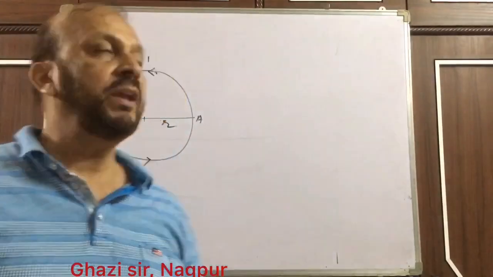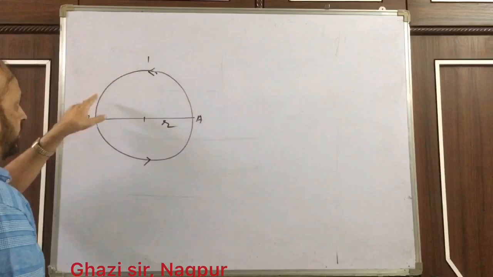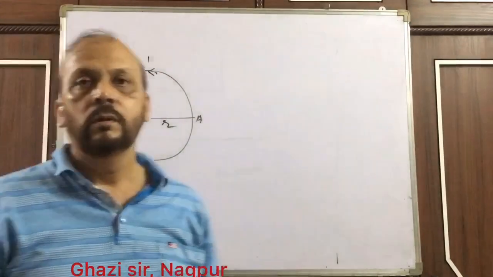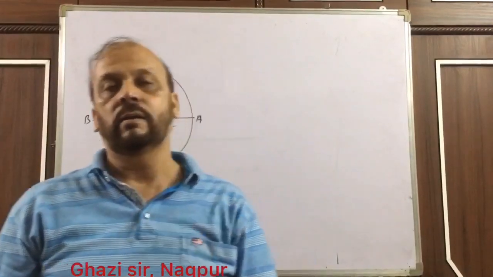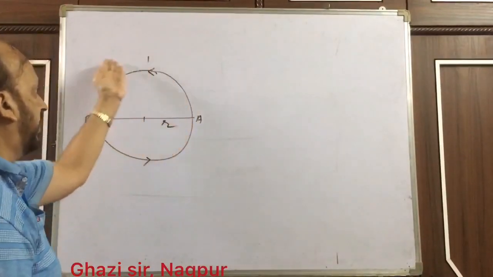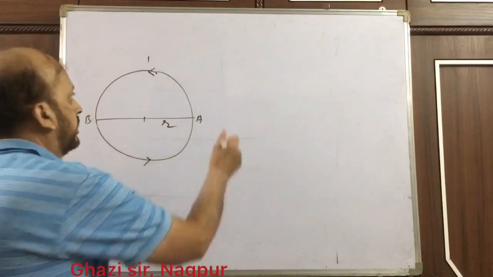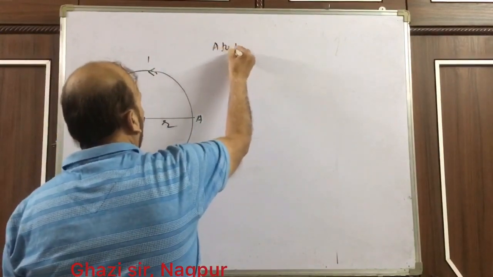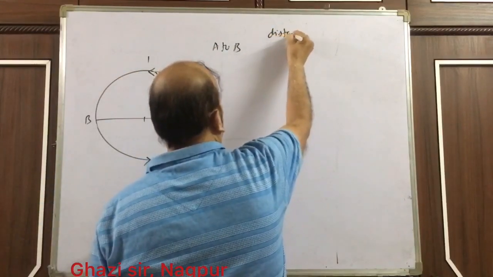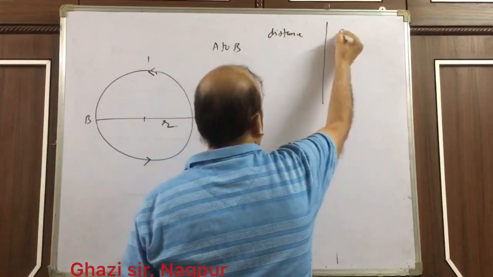When it is moving on the circular path from A to B, this is the path, then the distance traveled or path length will be equal to half the circumference. So A to B, distance and displacement.